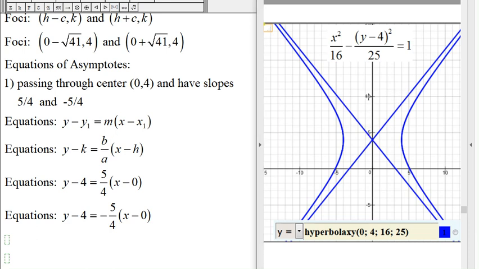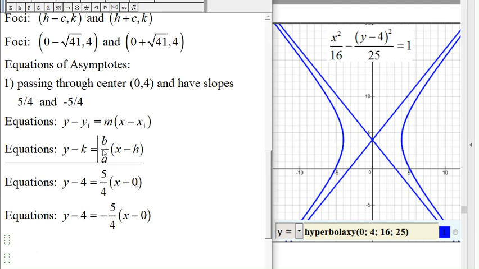The rise is b, the run is a, and so that's how we get b over a. The positive one will be for this line, and this diagonal will be negative. So normally we would write this as plus or minus. In this case, k is 4, h is 0, b is 5, and a is 4. So these are the equations of the asymptotes.